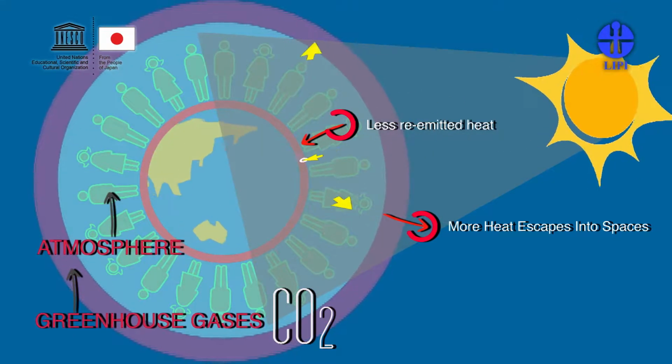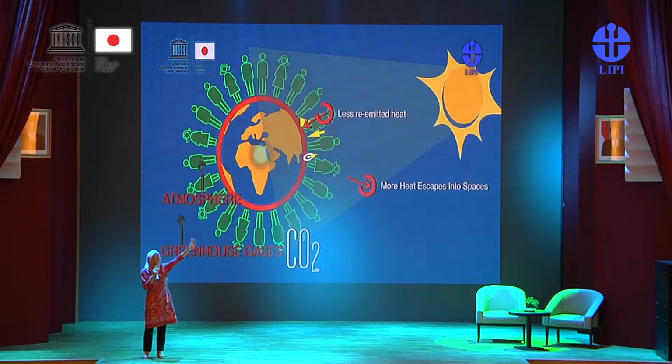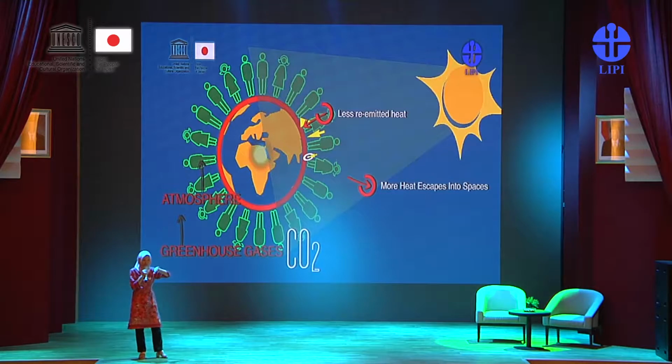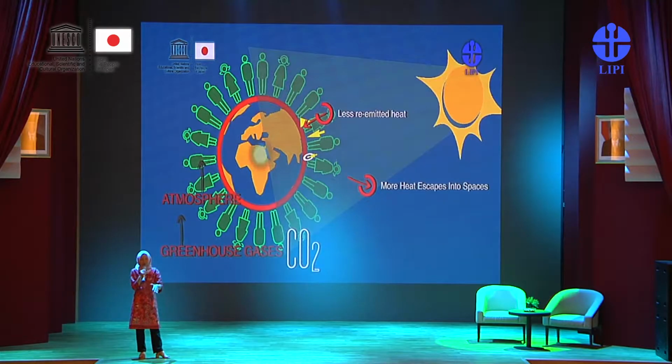The energy from the sun is in the form of electromagnetic radiation, and it comes through space and arrives at the surface of our atmosphere. Some gets reflected, but most gets absorbed and enters our planet, and again at the surface of our planet, some gets scattered on the cloud, but then some gets re-radiated.